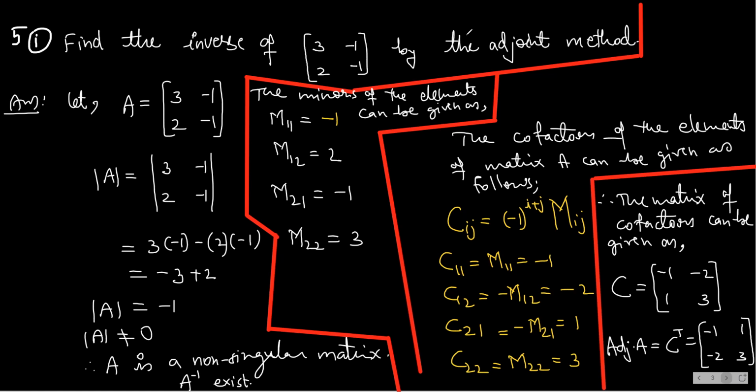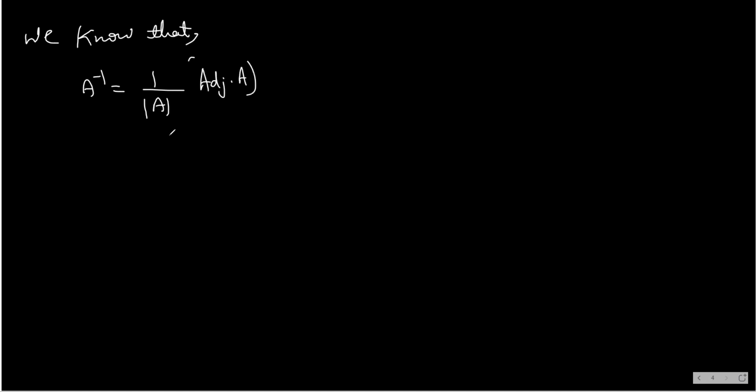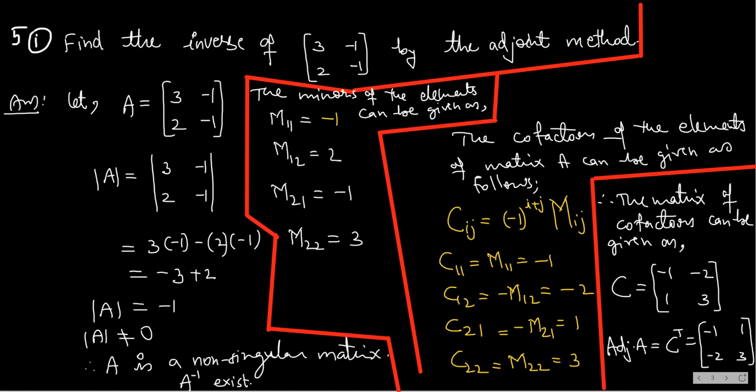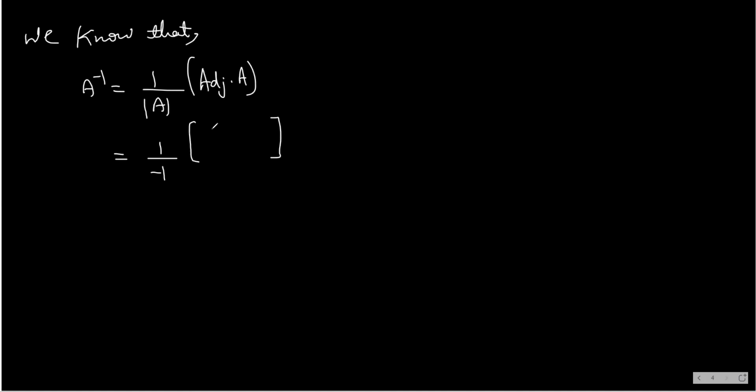So after adjoint, now we will go for the formula for the inverse. We know that A inverse is 1 upon determinant A into adjoint of A. That is 1 upon -1 into the adjoint of A, which is -1, 1, -2, 3.